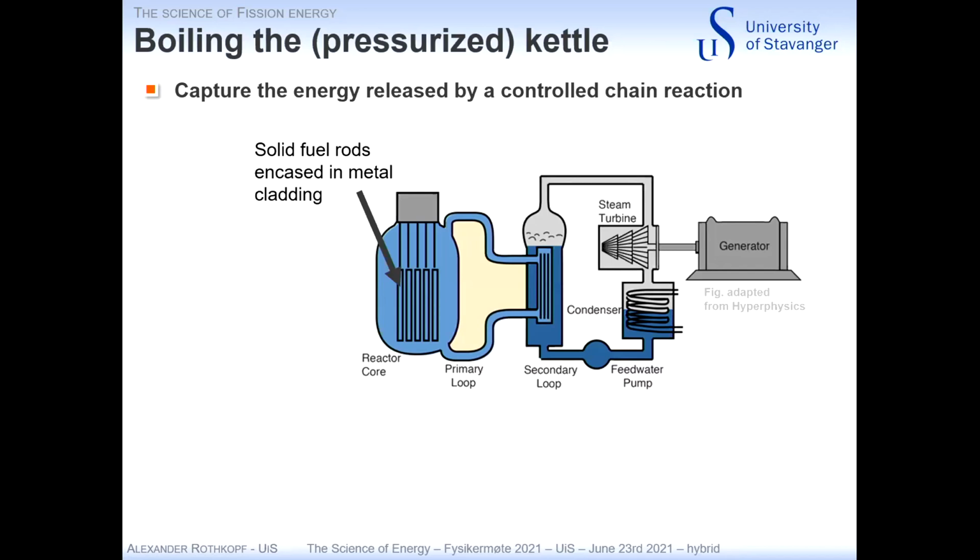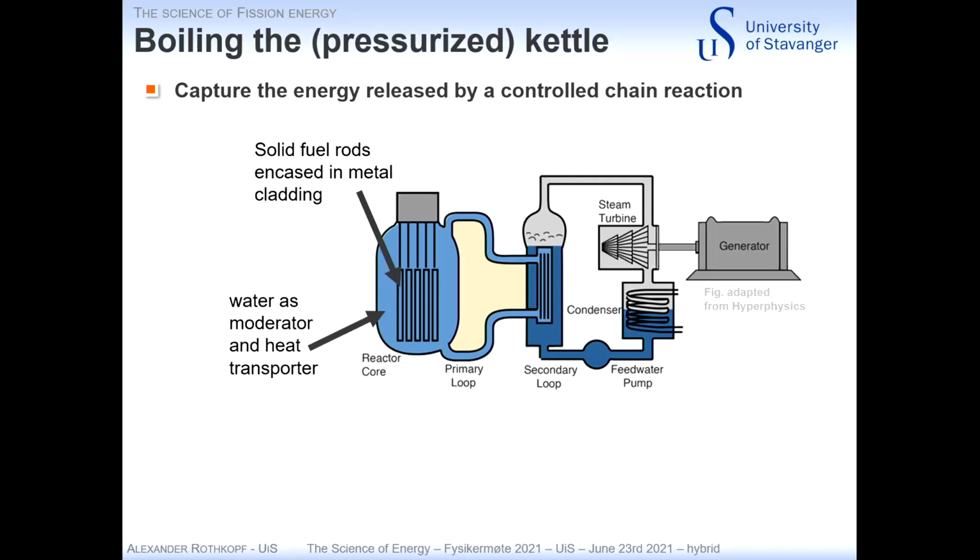On the left, you see the so-called reactor vessel, the reactor core, where your uranium fuel, partially enriched, is sitting in there in the form of solid rods encased in a metal cladding. Then we said that we need this moderator material that slows down your neutrons to sustain the chain reaction.